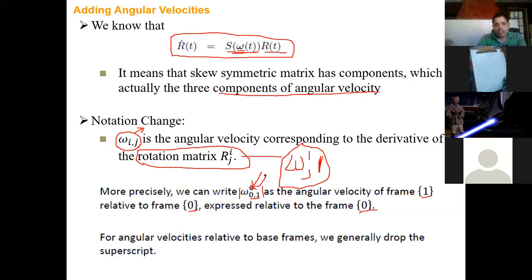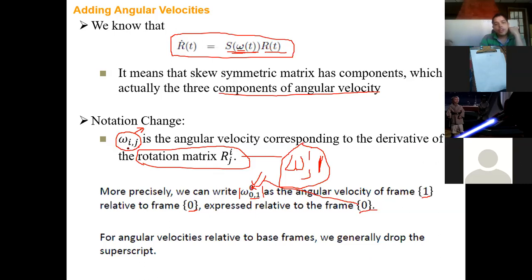This k is this 0 here. Does it make sense, guys? So angular velocity of frame 1 relative to 0, written relative to frame 0. We need that kind of notation. That's why we are writing this omega ij as such.